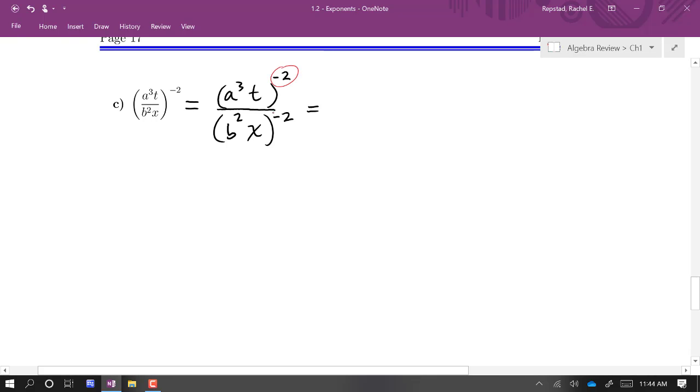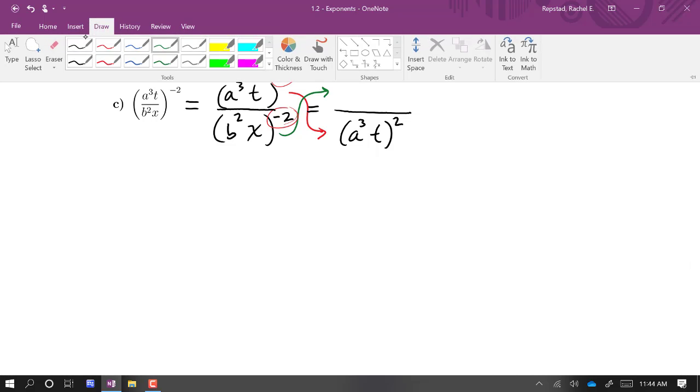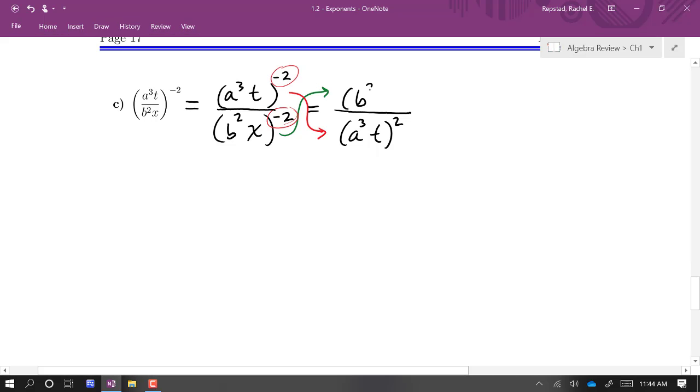I've got these negative exponents. So a negative exponent means I'm going to just move the expression from the top to the bottom, or vice versa, and change the sign of that power. So this is going to move down here, and we're going to write it as a cubed t to the +2. And this is going to move up here, and we're going to write that as b squared x to the +2.